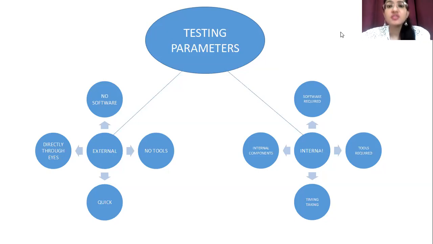Internal parameters require a lot of specified gadgets, specified tools, specified software, or highly designed software, we can say. Because these test and verify the internal components, the minute components, like the internal processor, core, or any kind of processor it is using. The graphics, the resolution, the type of display it is using.